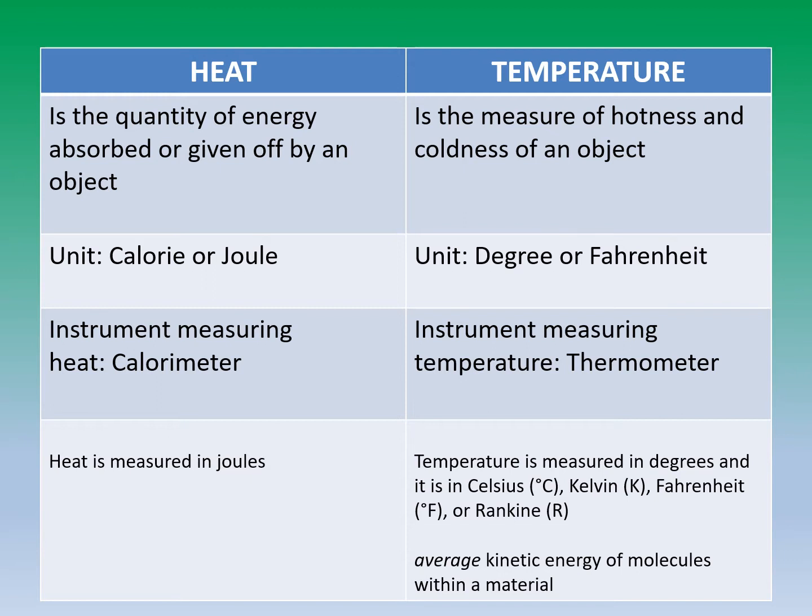Heat is measured in joules, and temperature is measured in degrees, for example degrees Celsius, Kelvin, Fahrenheit, and sometimes Rankine. Temperature measures the average kinetic energy of molecules within the material.